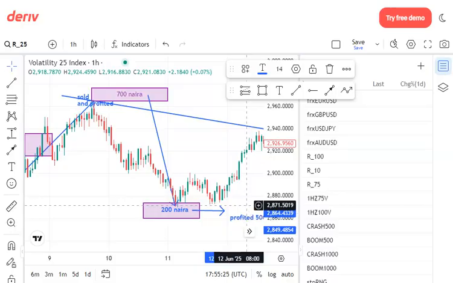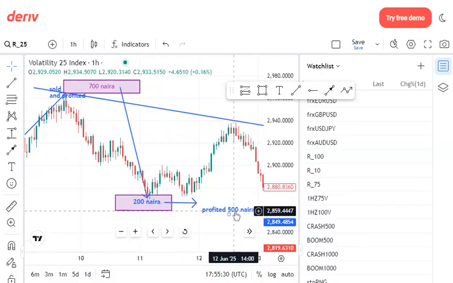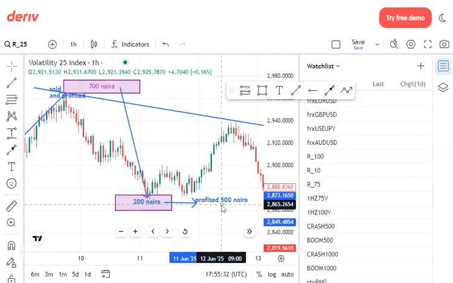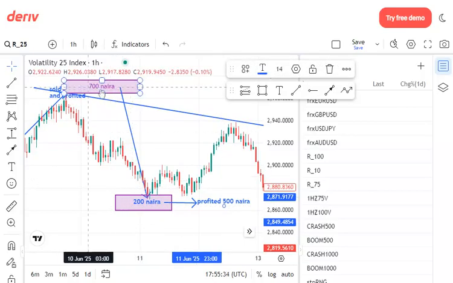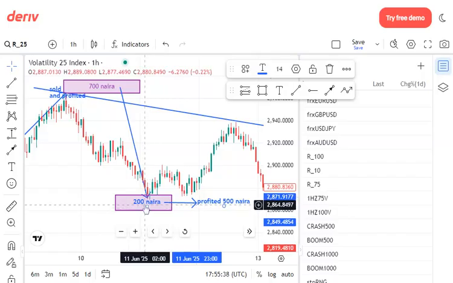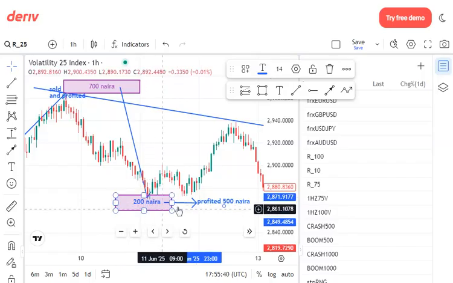You profited 500 naira because you saw it was going to go down and you sold it here, and then when it came down here, you bought it for 200 naira again.